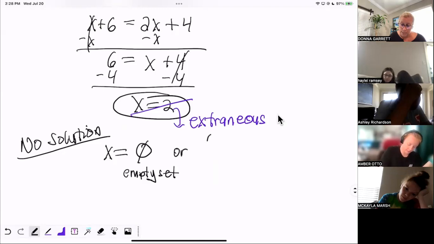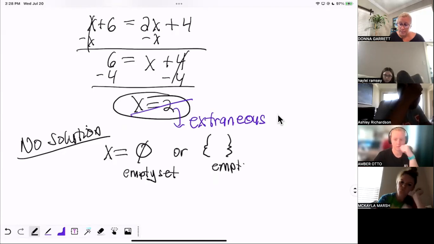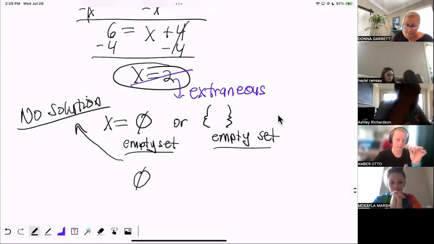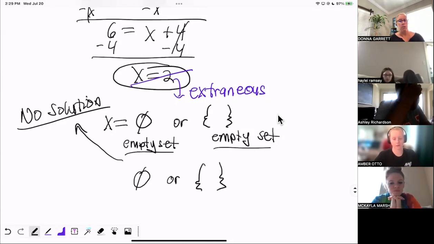Or sometimes they give you the set notation and you leave it empty. That also means empty set, which both of them mean no solution in a symbol format. So you're going to see either empty set, they're going to give you choices, or you're going to see this, and this is what you want to pick. This both means no solution in your computer.